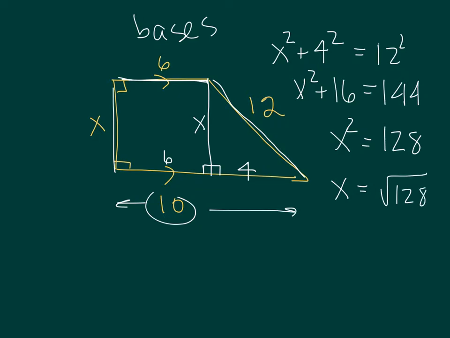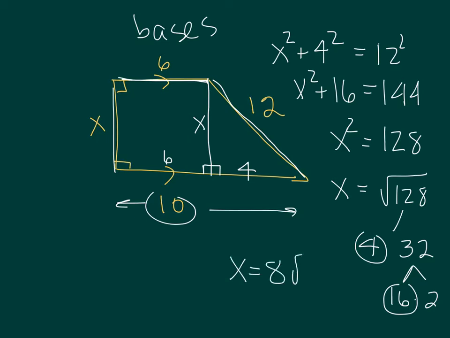And the one thing I know is that 4 goes into this. 4 goes into 128, 32 times, and 32 is 16 times 2. So I have a whole lot I can pull out. From the 16, I'm going to pull out a 4. From the 2, I'm going to pull out a 2. So I know x is going to be 8 times the square root of 2.